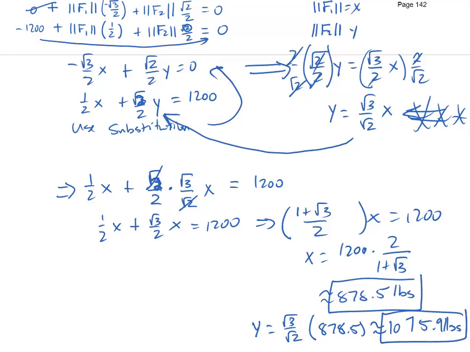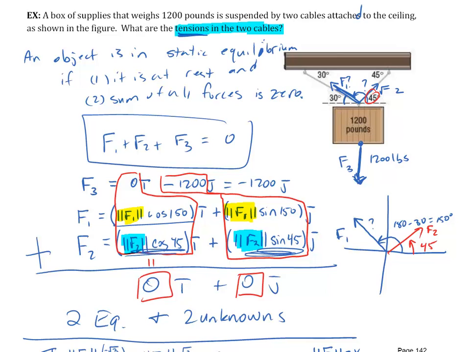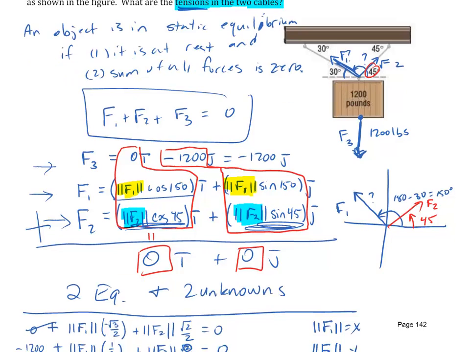Okay, so let's just do a quick review. We've got the two tensions. That's what we were looking for. How did we do it? Walk through the process again. We assigned a vector to every force. We found their components here, here, and here. Once we found them in their component form, we added them up and set it equal to 0 because this system is in static equilibrium.